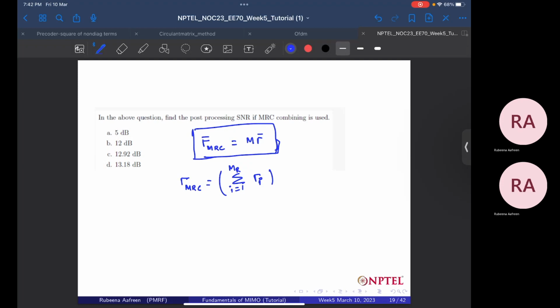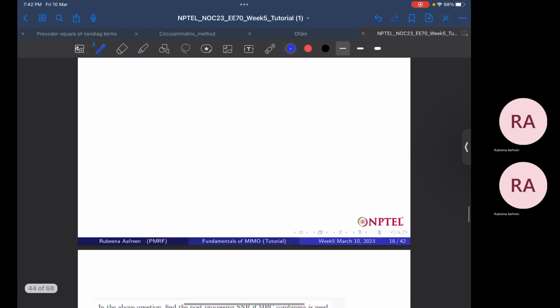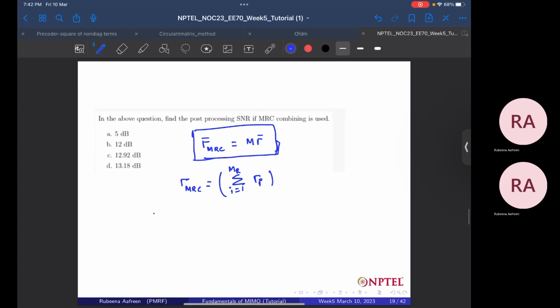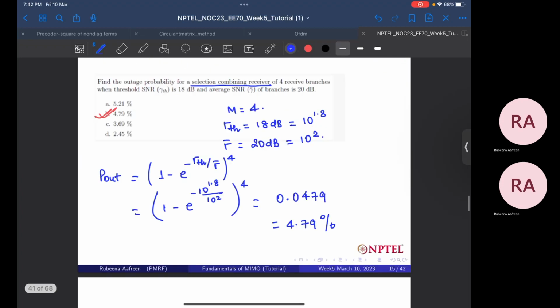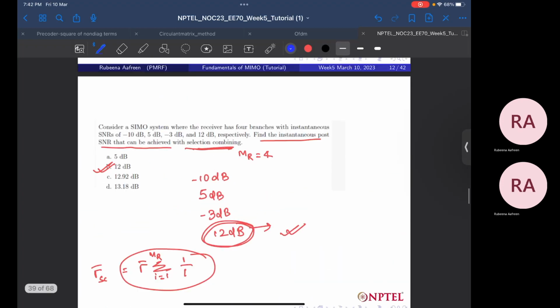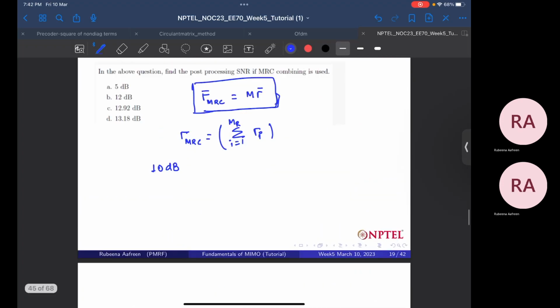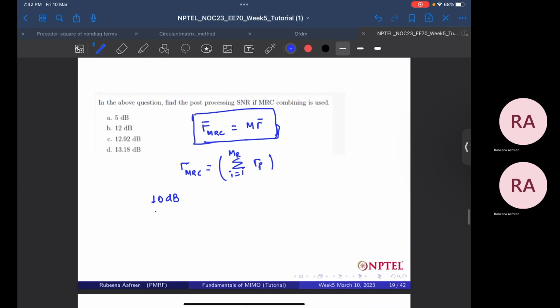Now this is a continuation of the first question only. For the first branch, the SNR is 10 dB, the second branch is 5 dB, then minus 3 dB, and then 12 dB.